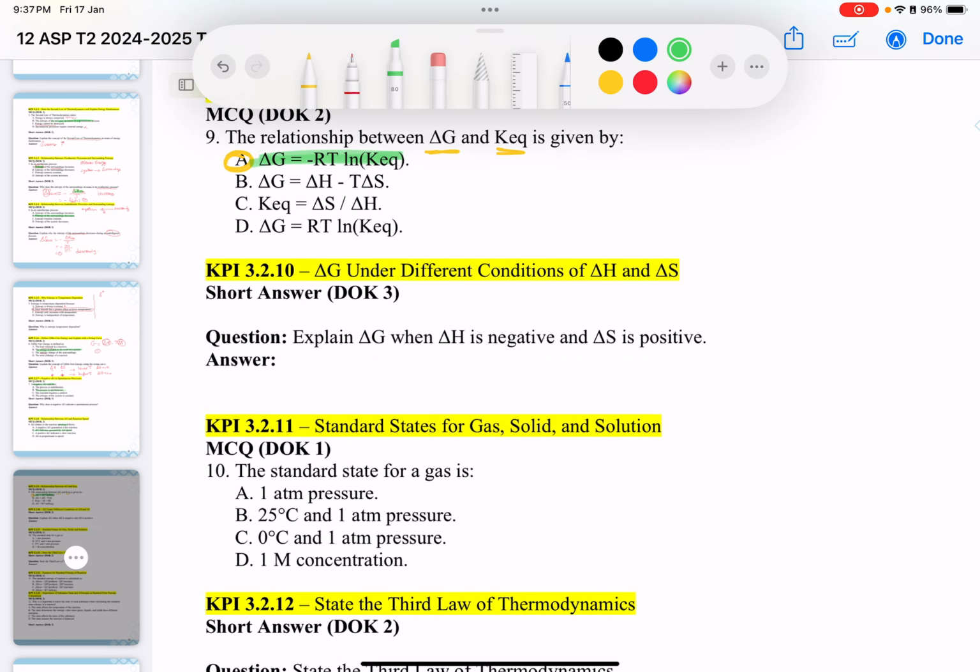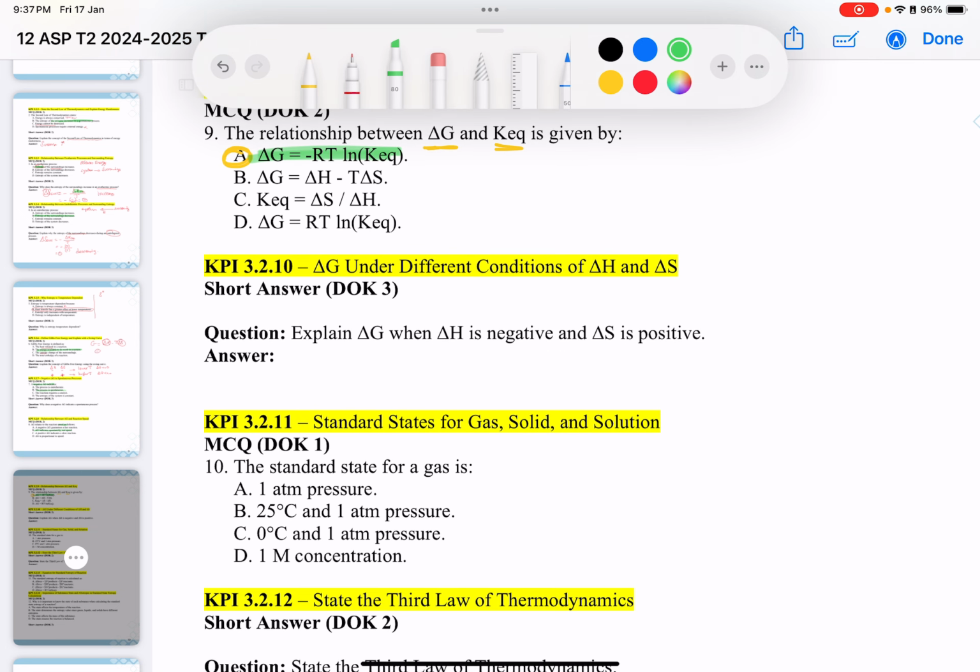Okay, so explain delta G when delta H is negative and delta S is positive. As I mentioned in class, whenever I have an exothermic process and increasing entropy, this process is favorable at all temperatures. If you look at the formula, delta H is a negative value, then there's a minus in the formula as you see over here.